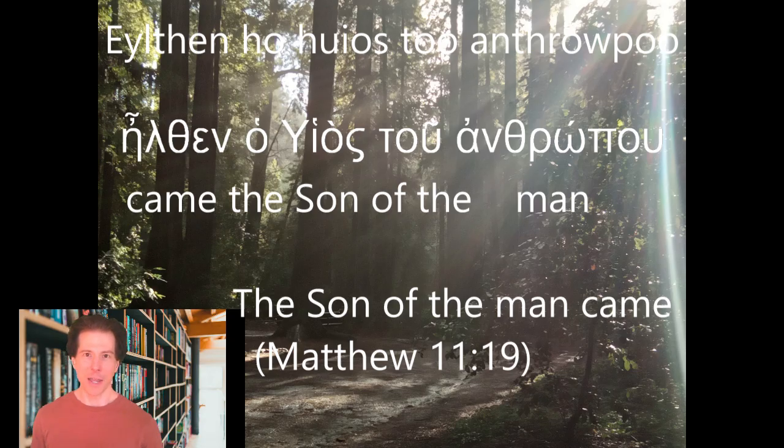That's Matthew 11:19. It is interesting to note, and we'll talk about this more in a future video, that what it actually has here is came the Son of the Man. We'll talk about why that is in the future.